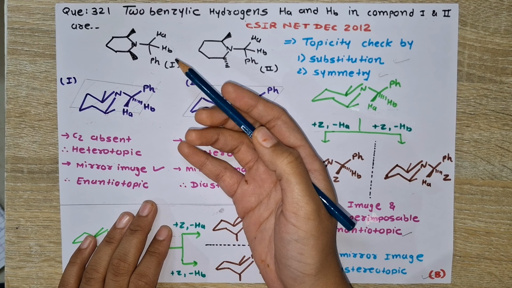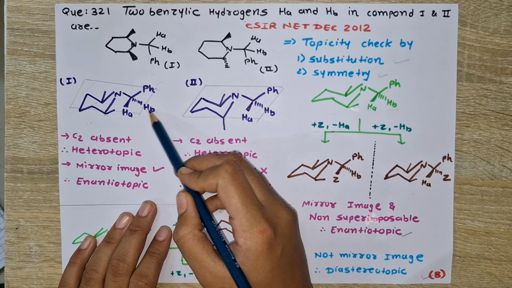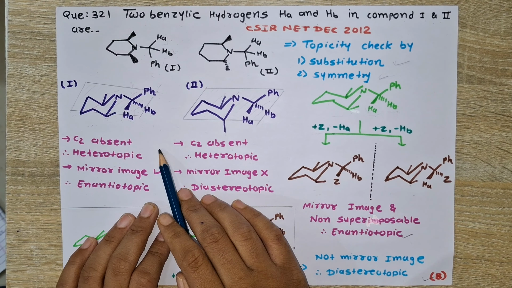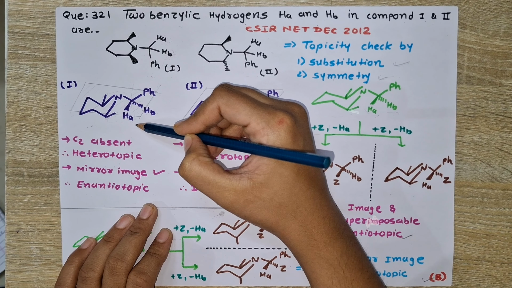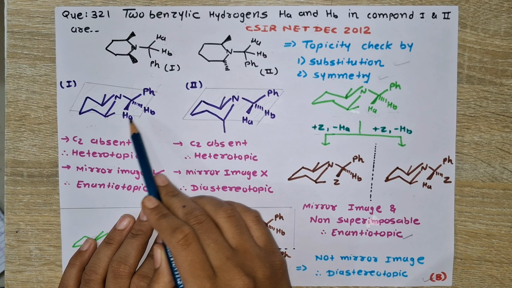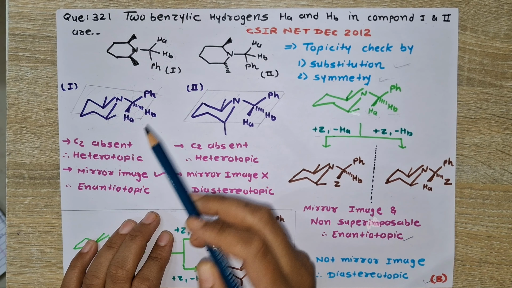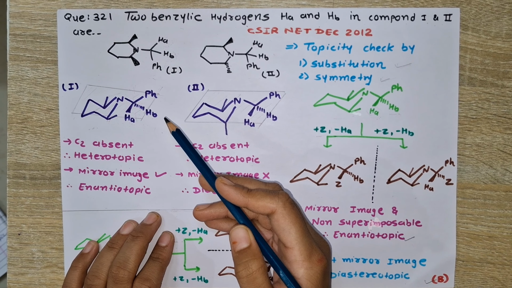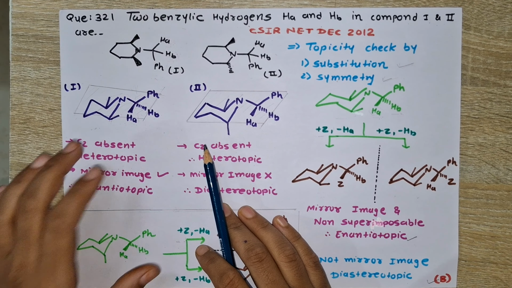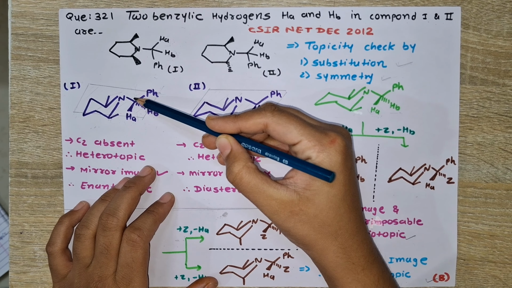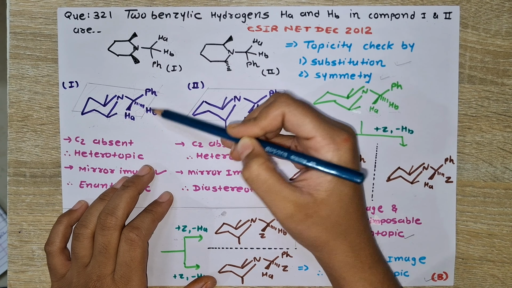If the C2 axis is present, then these two homomorphic ligands are called homotopic. But here the C2 axis is absent, so Ha and Hb are heterotopic. Now there are two types of heterotopic: enantiotopic and diastereotopic. To check these two types, we consider the plane which bisects Ha and Hb.